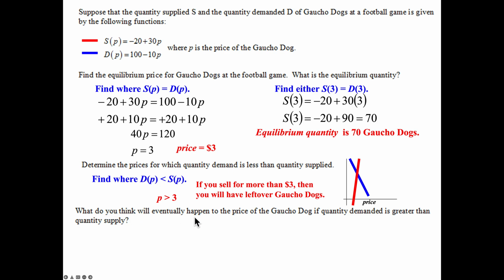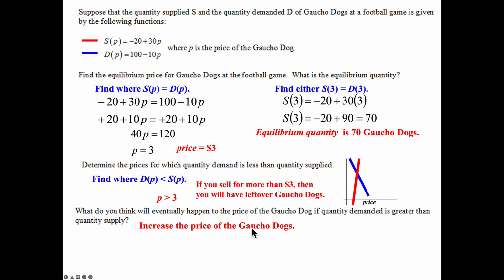All right, so what do you think will eventually happen to the price of the gaucho dog if quantity demanded is greater than quantity supplied? The demand, that's the D, is bigger than S. Well, if demand is ever greater than supply, that's blue, it's going to be greater than supply.